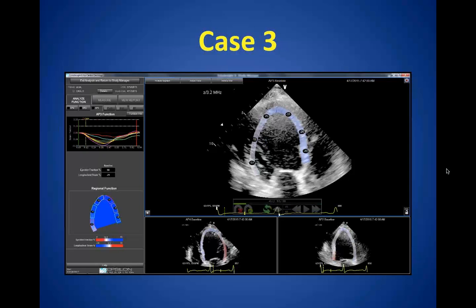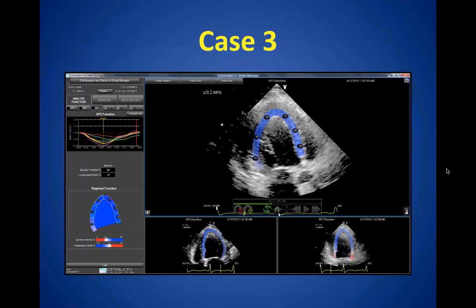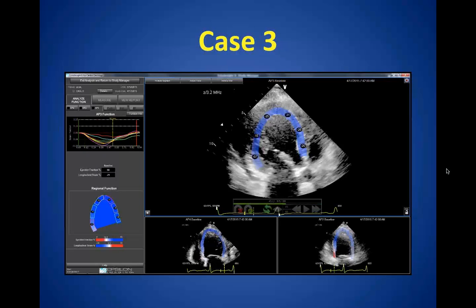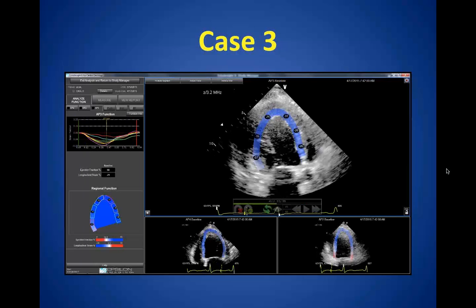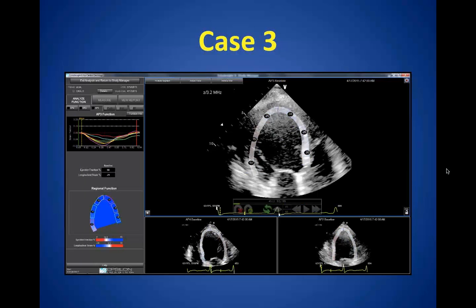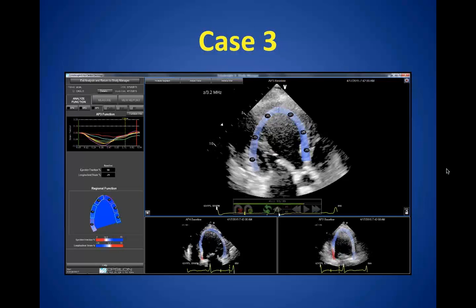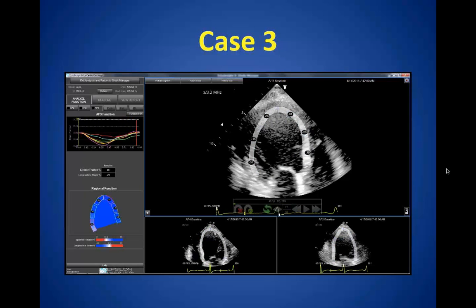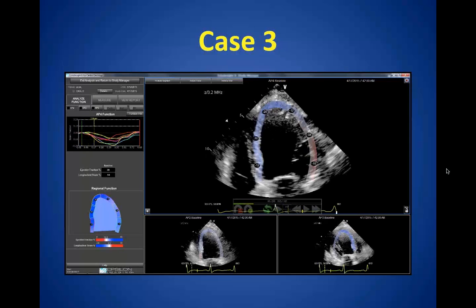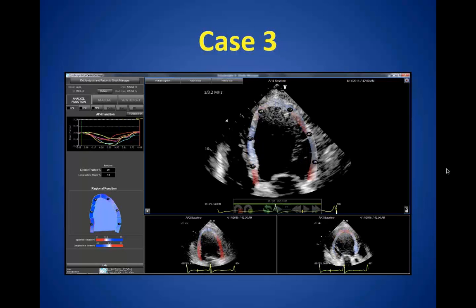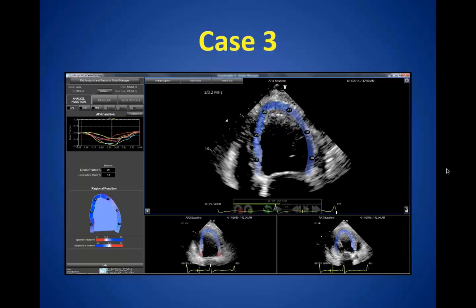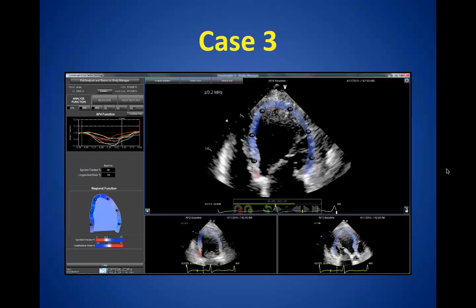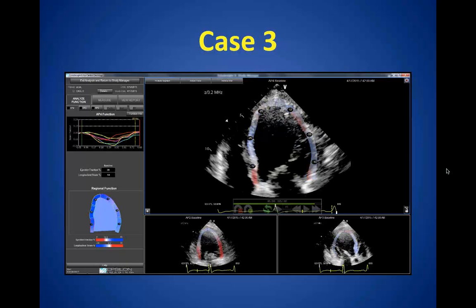And that may not have been apparent on first glance of this echo, but the strain really helps bring out the change in the wall motion here on this patient. And we see the regional change in strain on the basal to mid anterolateral wall as well in comparison to the septum.